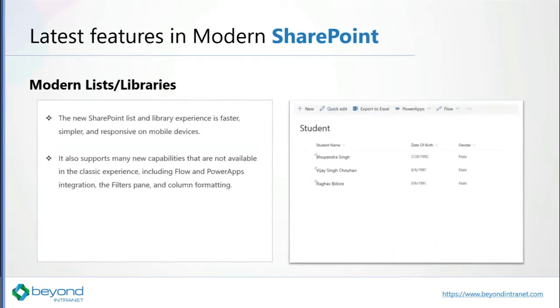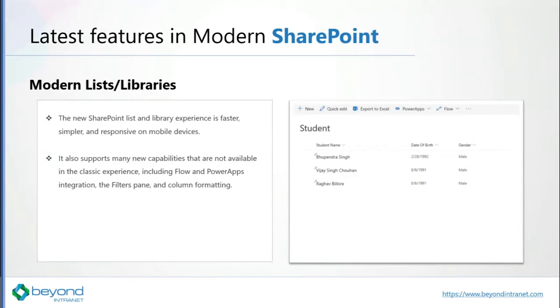And we get to modern lists and libraries. These are also faster and more responsive, especially on mobile devices. That's been a key factor, the responsiveness on mobile devices, and you'll see that pretty much everywhere within modern SharePoint. There are new capabilities that enable development of workflow processes that are not tied to SharePoint and can work with cloud services as well.